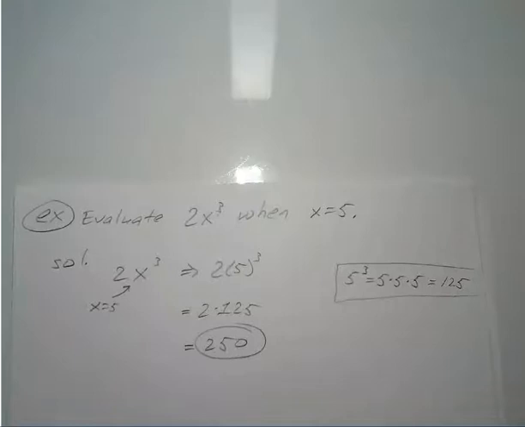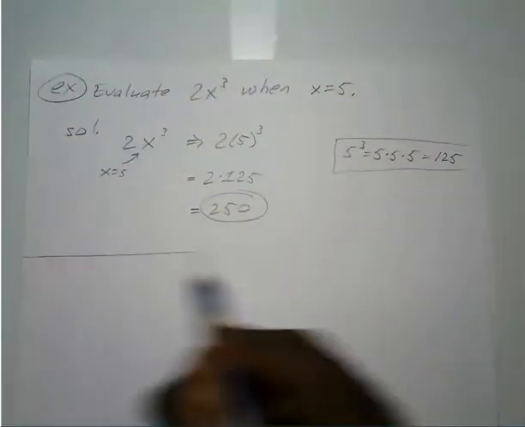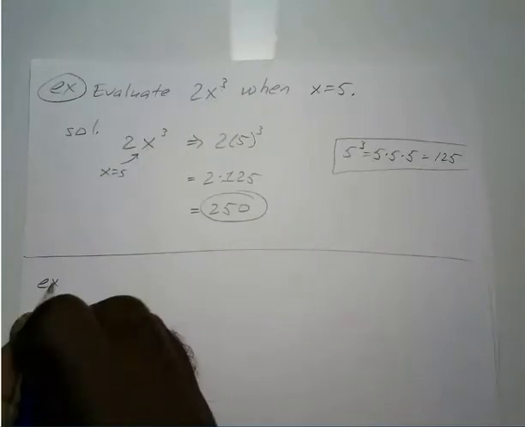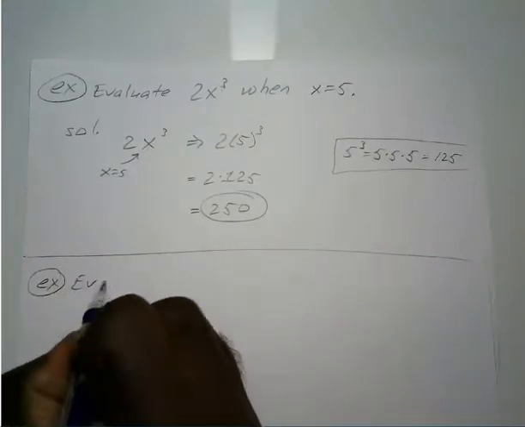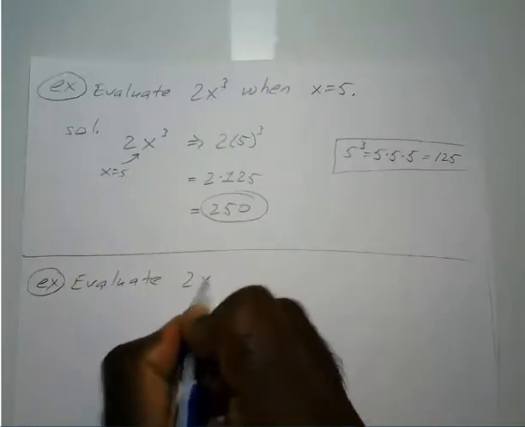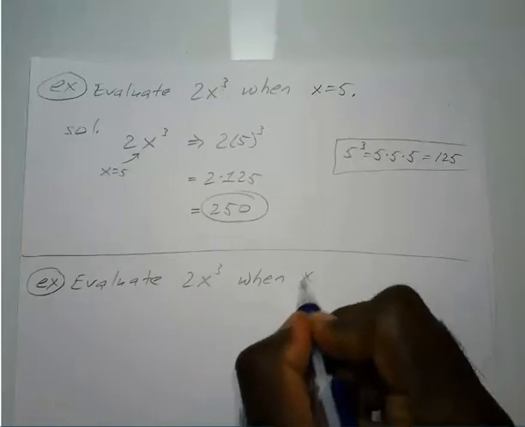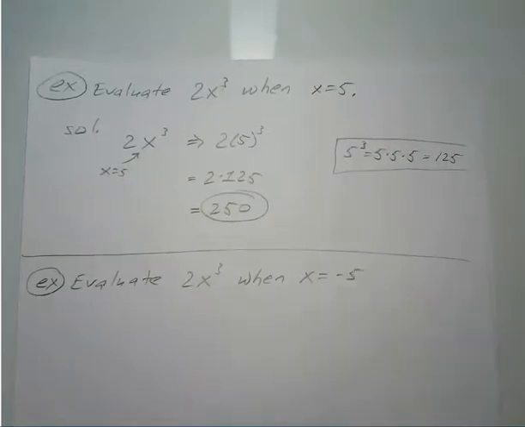All right, so let's do another example. What if we wanted to evaluate 2x to the third power when x is equal to -5?